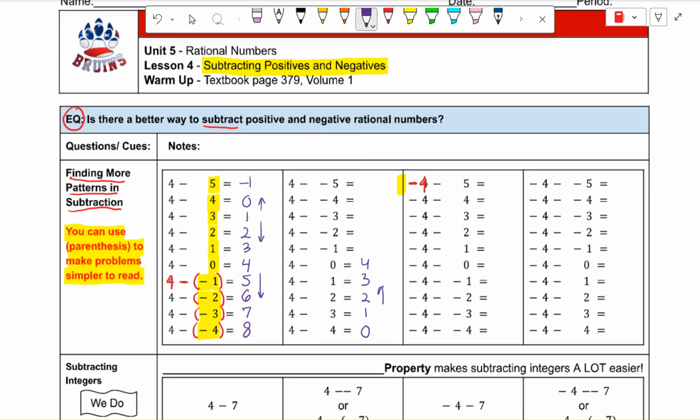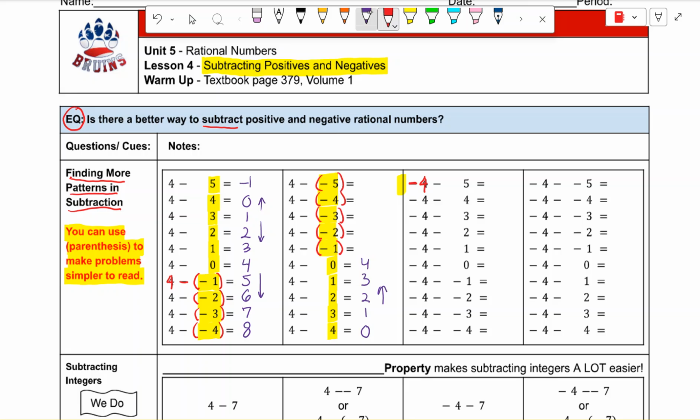So we can see a pattern going up. It's getting larger, and we can see a pattern of the front number being 4, and we see 4, 3, 2, 1, 0, -1, -2, -3, -4, -5. Now remember, you can put parentheses around these to make them look a little bit easier to read.